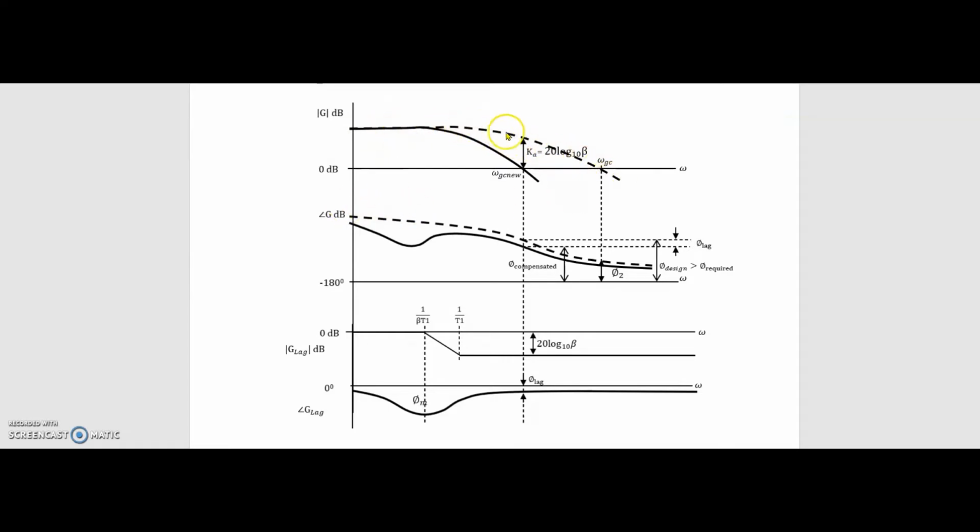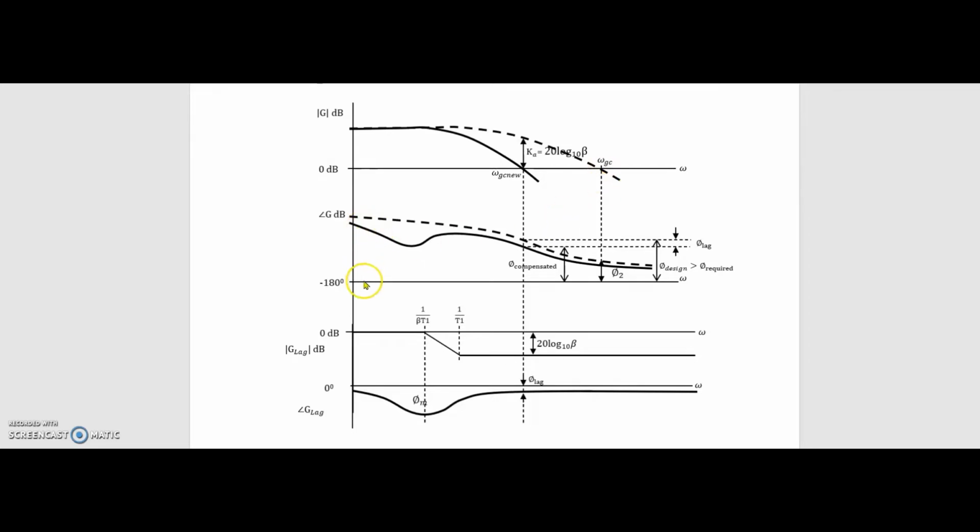This is our gain curve, and this is our phase curve. As you can see, the gain is crossing the omega axis at a frequency omega GC. So this will be known as gain crossover frequency.